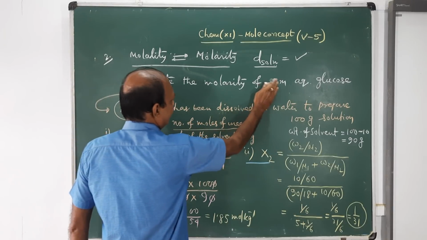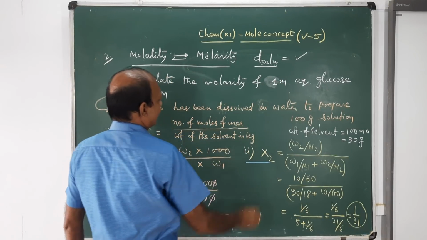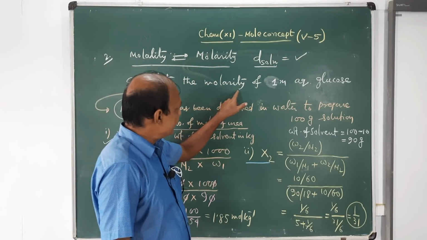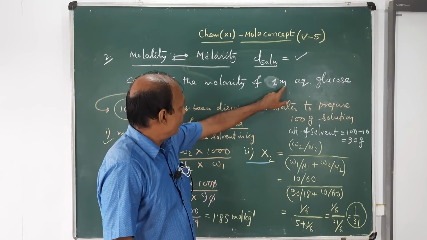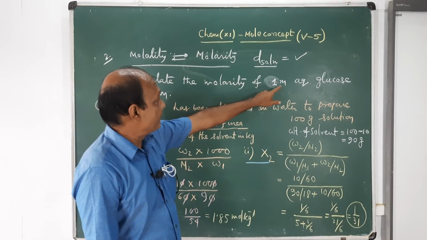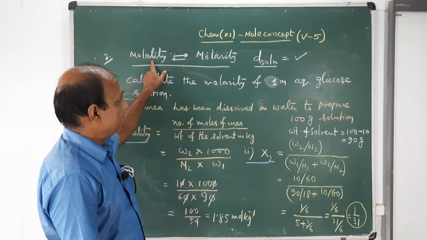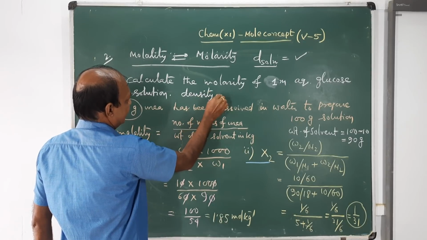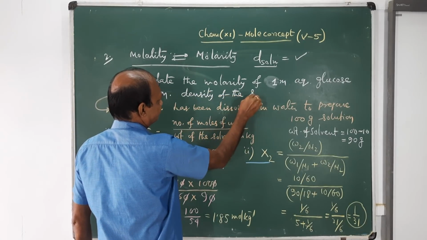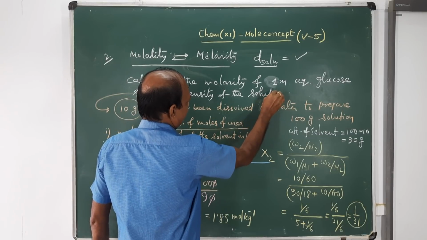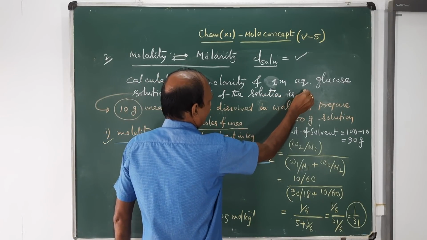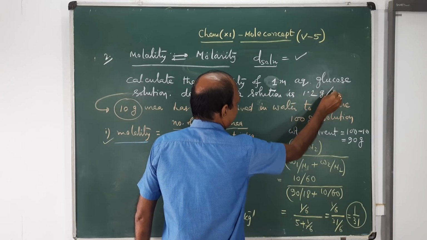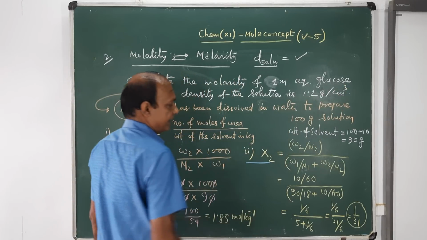Molal means molality; the small m stands for molality. Here the density of the solution is 1.2 gram per centimeter cube. This is the complete question.